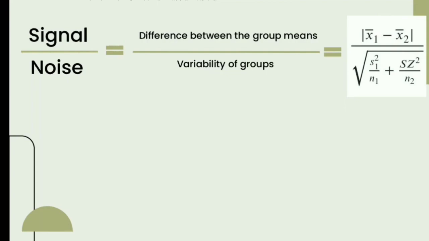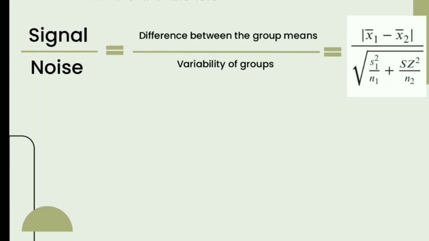And how do we figure out the noise? That's going to be the variability of the groups themselves. So the formula is going to look like this. s1 is the standard deviation and it is squared, and that gives us the variance. The n is the number of samples.